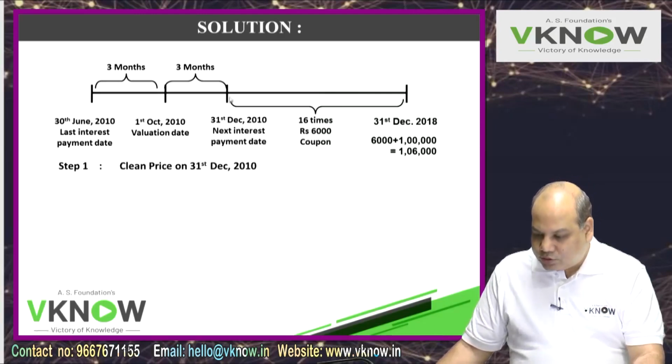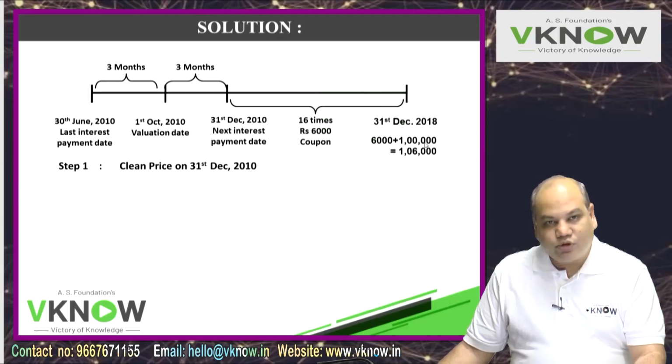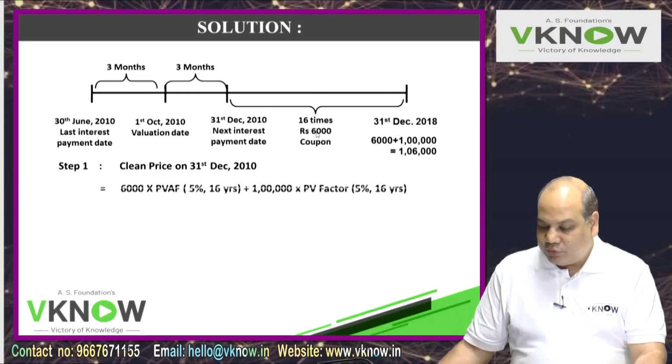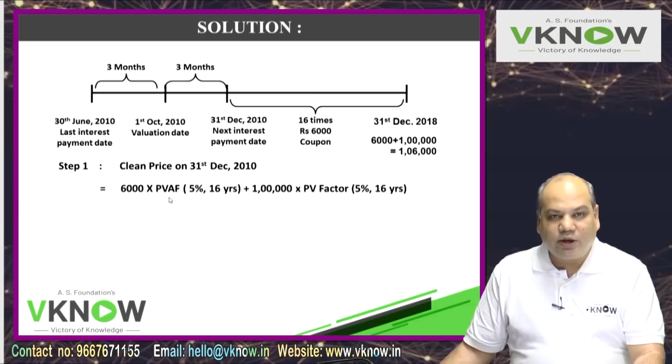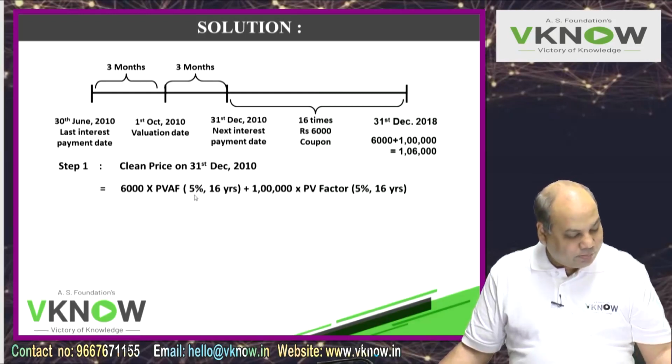So first calculation will be here. On 31st December 2010, we will calculate the clean price, which means the present value of all future coupon and redemption value. After this date, you are going to receive 6,000 rupees 16 times. So therefore I will multiply by annuity factor of 16 periods, and the discount rate is 10%.